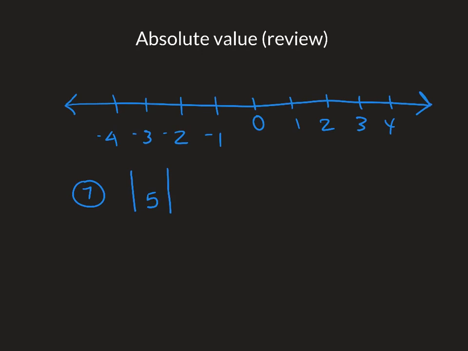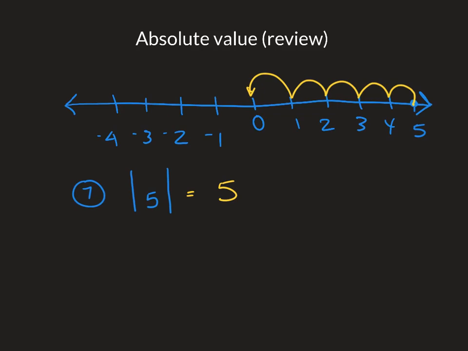That's how you read this problem, okay? And so what I'm asking for is how far is 5 away from 0? Using a number line is really helpful, because if you start at 5 and make your way home to 0, it's 1 step, 2, 3, 4, 5. The absolute value of 5 is 5.